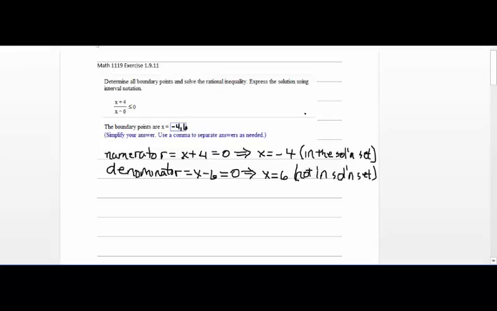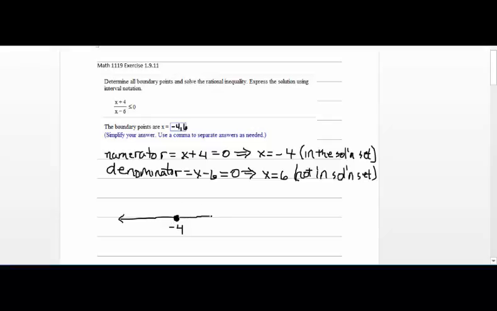Now we want to actually solve this inequality. On the number line, we know that negative 4 is a solution and is a boundary point, so we make a solid circle at negative 4.